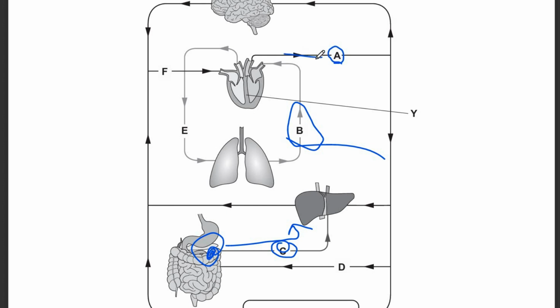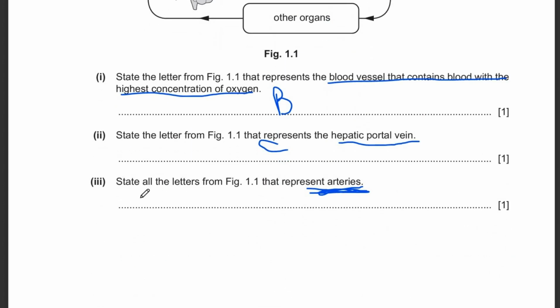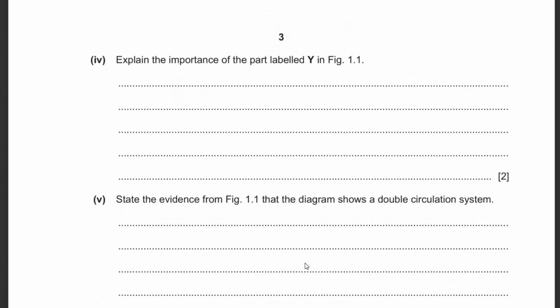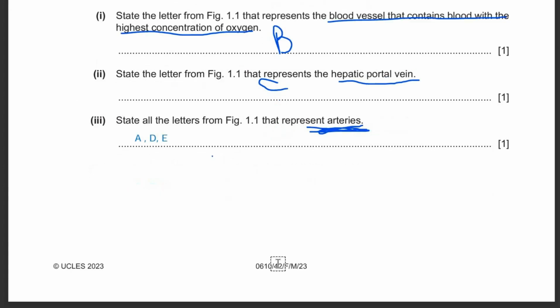Yes, as we can see that the arrow is away at D. So the arteries, the vessels carrying the blood away from the heart are A, D, and we can also focus over here that this is also a blood vessel that is carrying blood away from the heart, that is E. So A, D, and E. So this is the answer, that vessels A, D, and E represent the arteries.